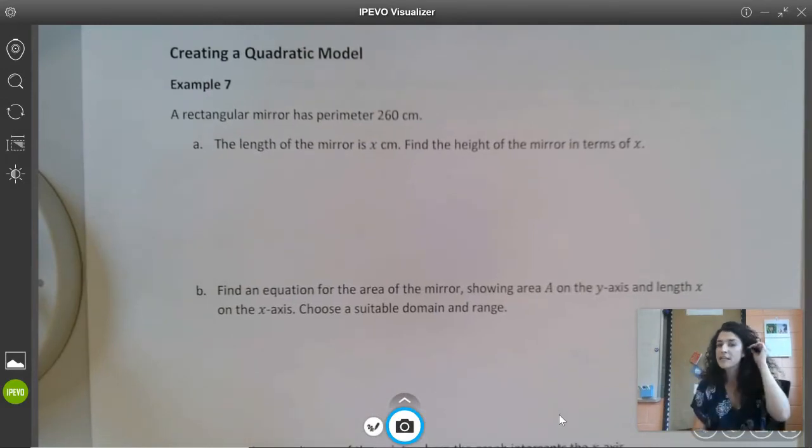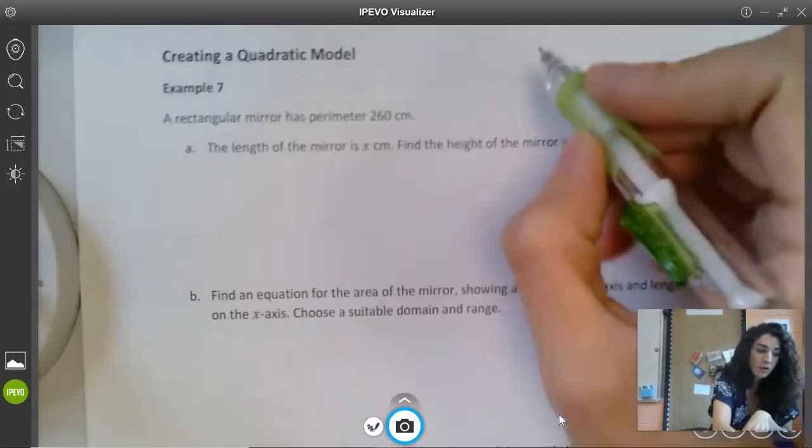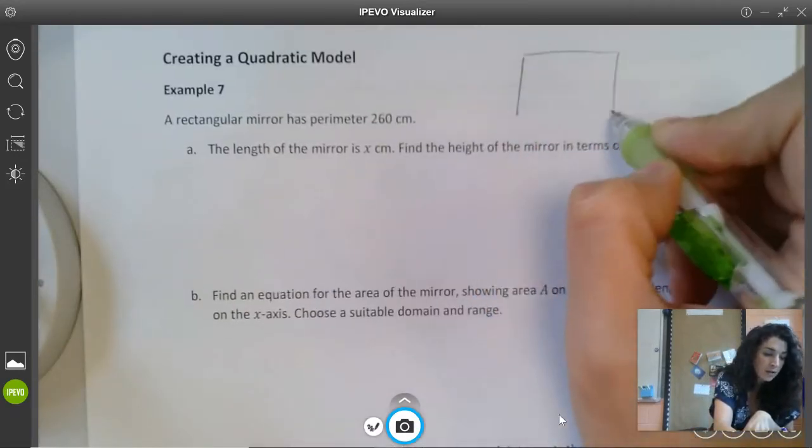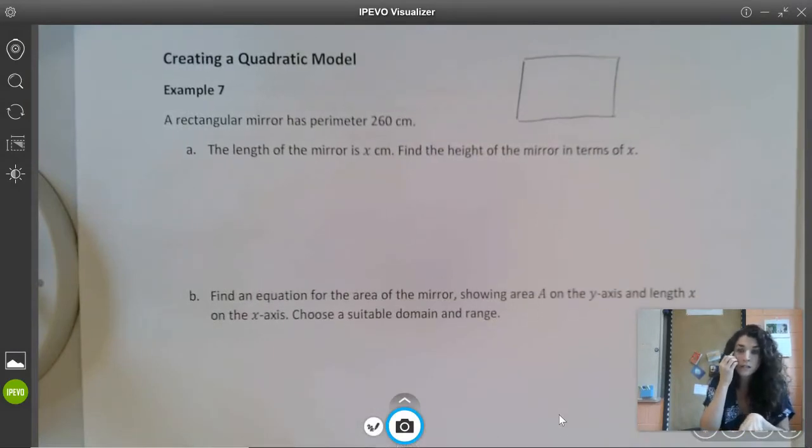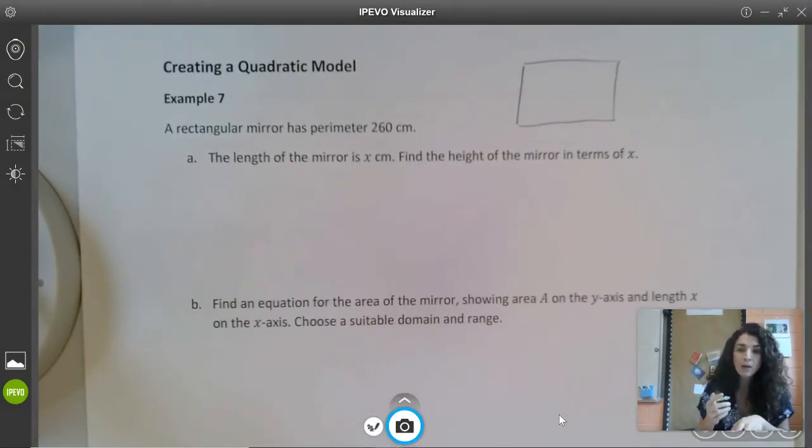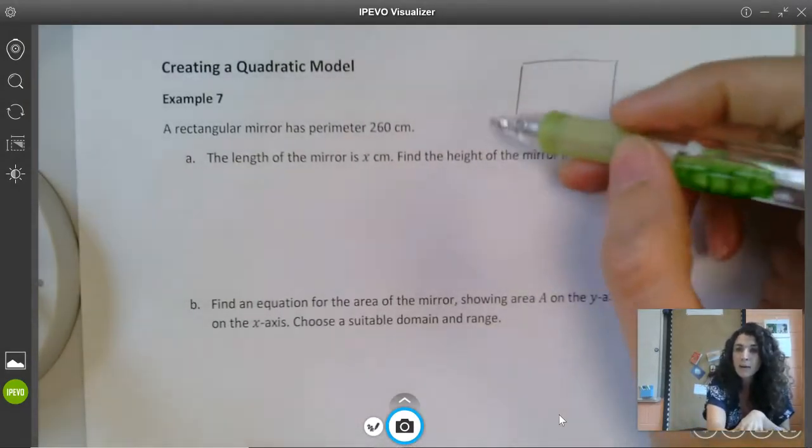So we have a rectangular mirror and it has a perimeter of 260. With all of these problems, if you don't originally have a picture, draw the picture, sketch it out. If I wanted to talk about the perimeter, I would label my dimensions.